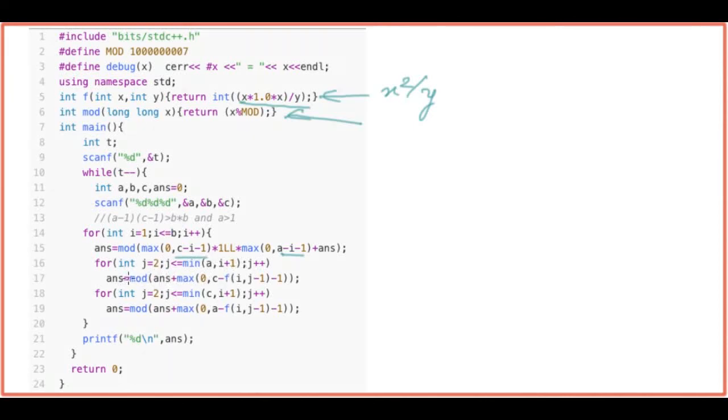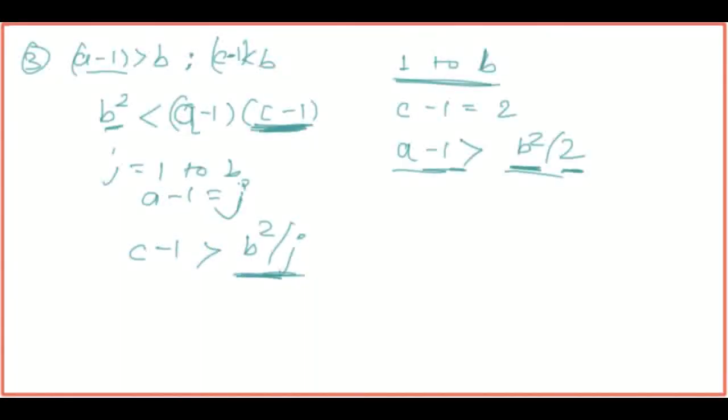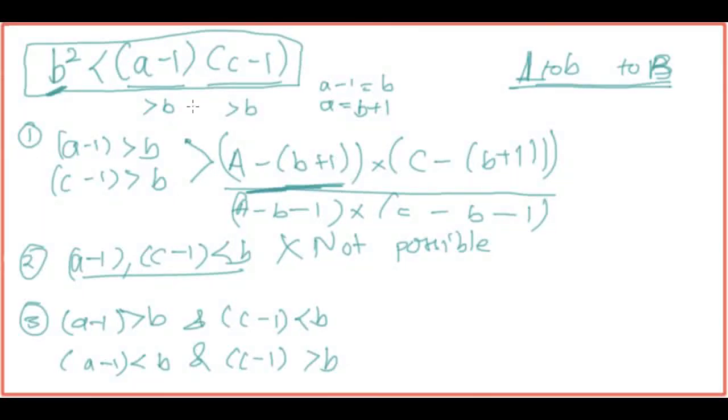And that's all. Then for j equal to 2 to minimum of a of i and i plus 1, j plus plus, we are doing just a simple one for the case 2. Because if a is equal to 1, then this value will be 0, so obviously it should be greater than or equal to 2.